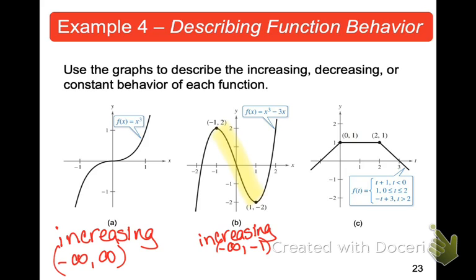When I'm talking about intervals, I want to know what my x values are. So I'm actually doing negative 1 to 1. That's what I want to focus on. So when I am decreasing in this one, I am decreasing from the x value of negative 1 to the x value of positive 1. That's why those are important. That's why I only want to know about those x values.